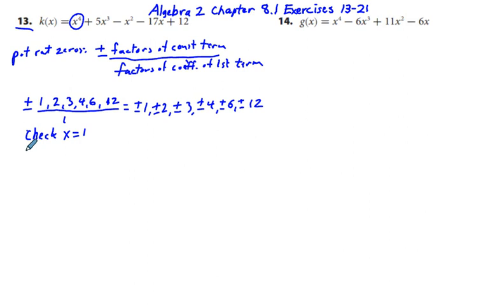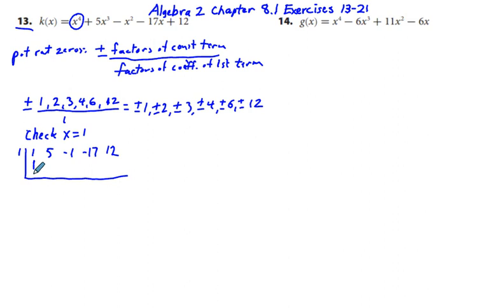And to do that, we're going to bring down our synthetic division bracket, and we're going to put our 1 out here. And then we take our polynomial 1x to the 4th, 5x cubed, negative 1x squared, negative 17x, and plus 12.